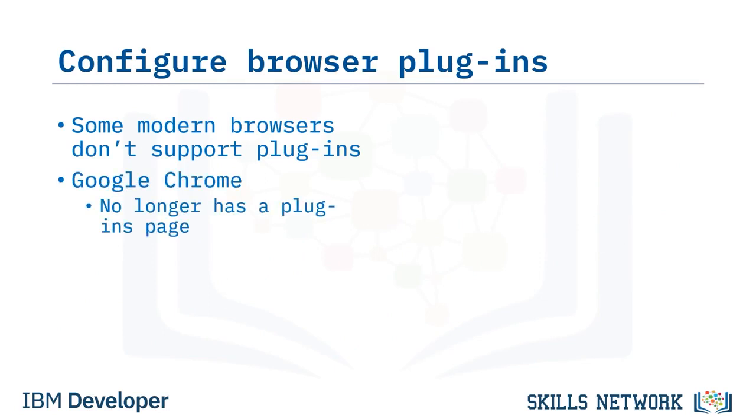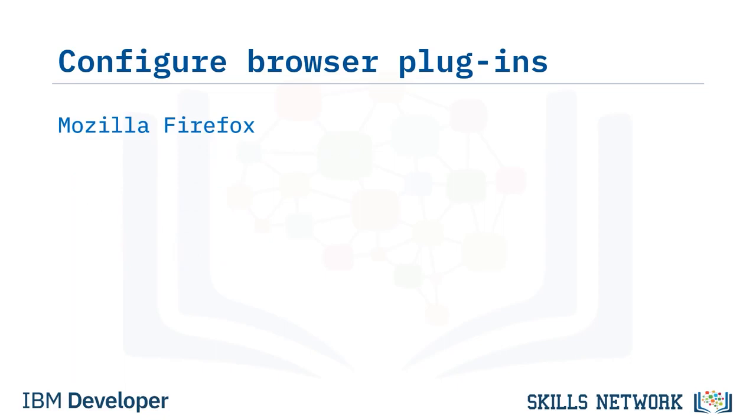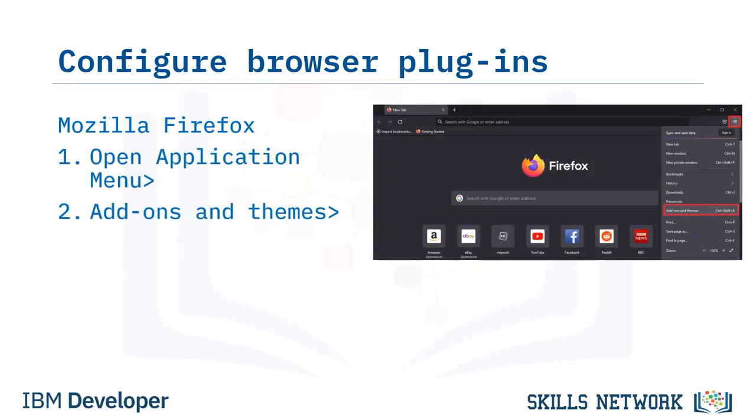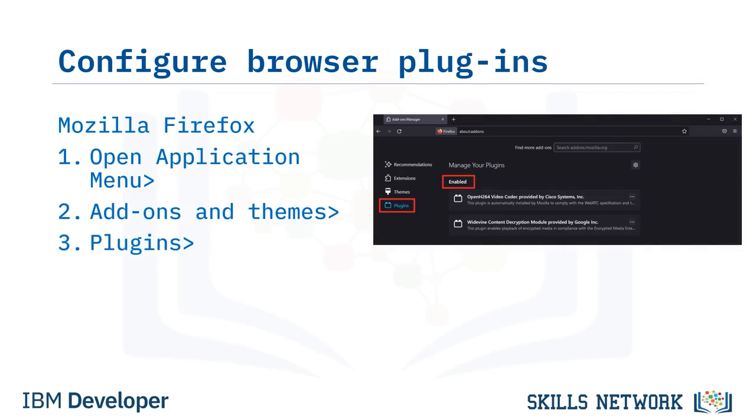So, in Google Chrome, for example, there is no longer a plugins page available to view or the option to disable installed plugins. In browsers that still provide some support for standard plugins, such as Mozilla Firefox, you can configure the plugin settings. In Firefox, you open the application menu, select add-ons and themes, and select plugins in the left menu, which then displays the installed plugins.